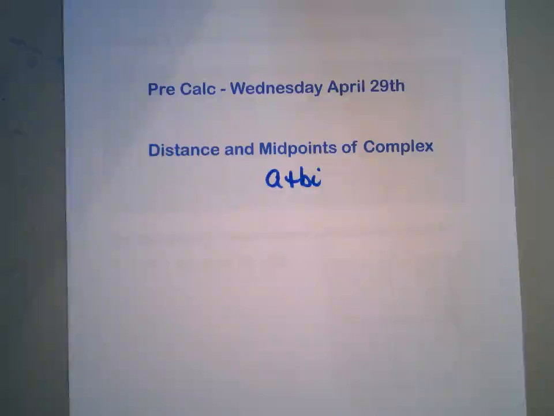If you have two complex numbers, then the midpoint is a complex number. So make sure that your answer for midpoint is a complex number in the A plus Bi format. All right, this should not take very long.